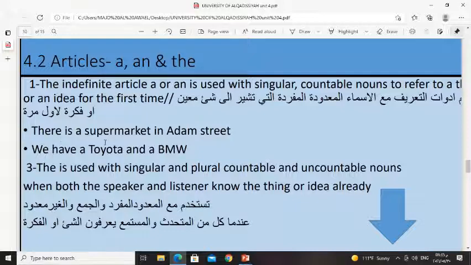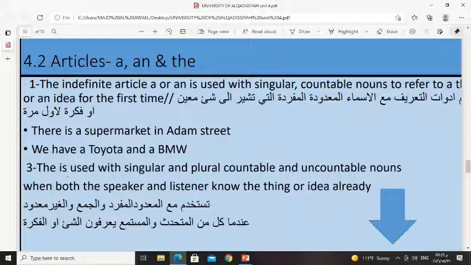There is a supermarket in Adam Street. We have a Toyota and a BMW. تشير إلى شيء معين أو فكرة لأول مرة تطرح.